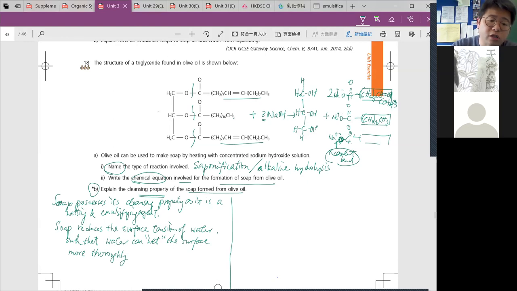So this is what we just explained as a wetting agent. Okay, how about emulsifying agent?